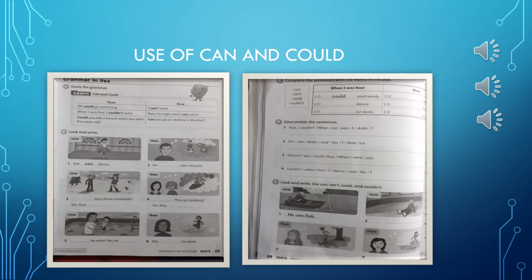So the number 4 one is basically the answer of the third one. No, comma, when I was 4, I couldn't dance. Full stop. I repeat it again. The fourth one is: No, comma, when I was 4, I couldn't dance. Full stop.